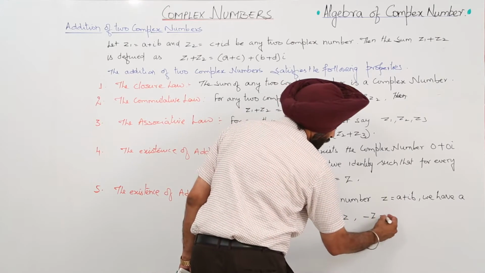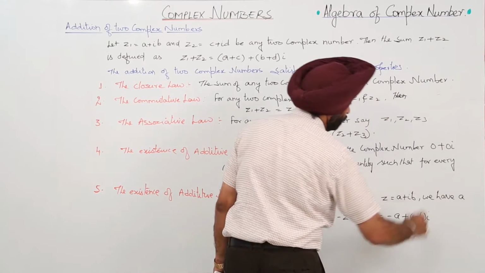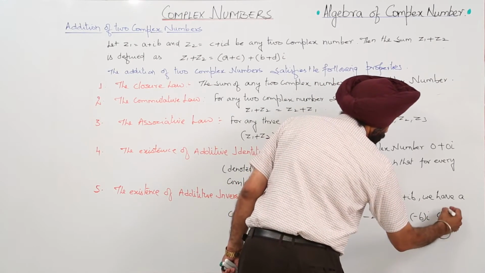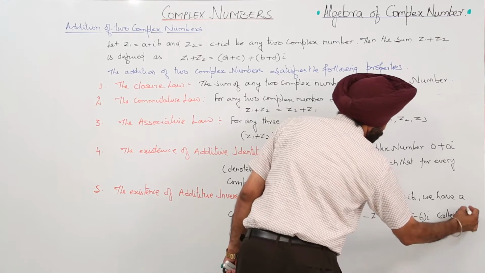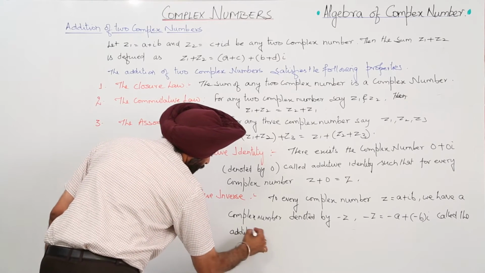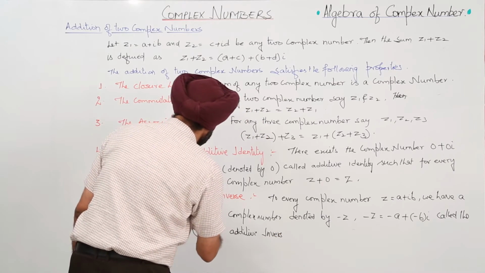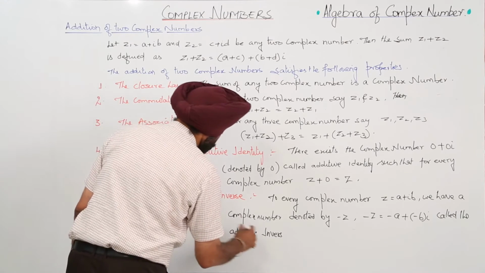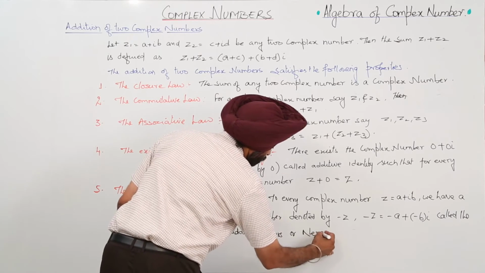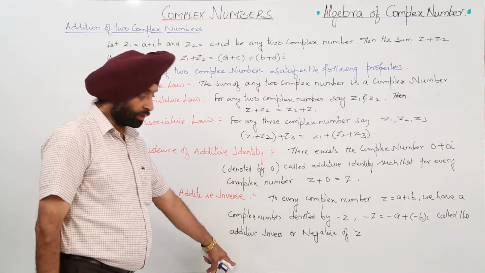Now negative of z is equal to negative of a plus negative of b iota, called the additive inverse or negative of z.